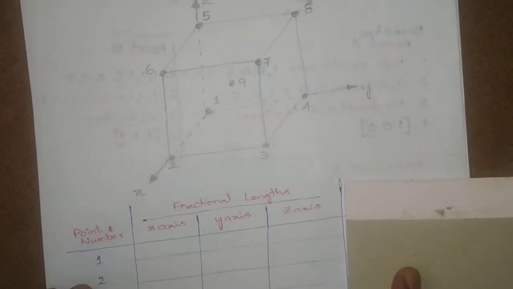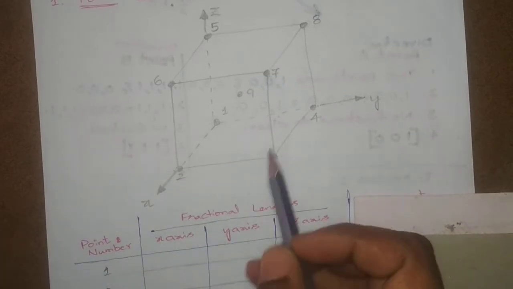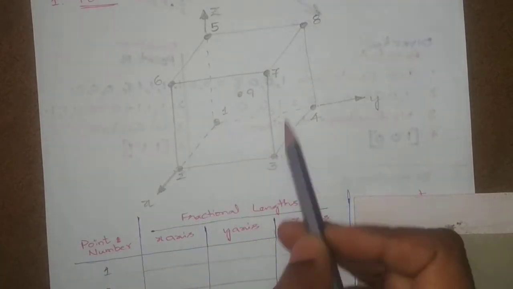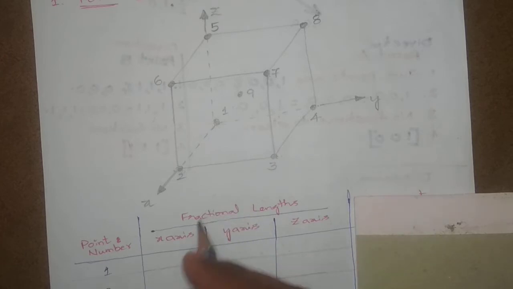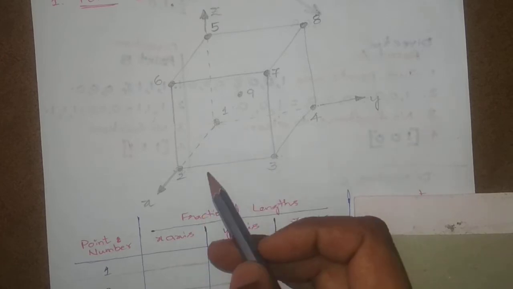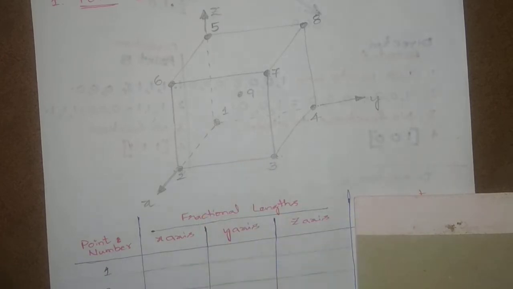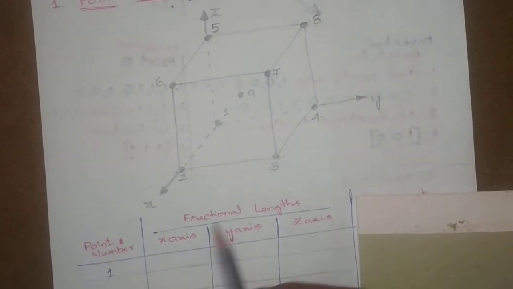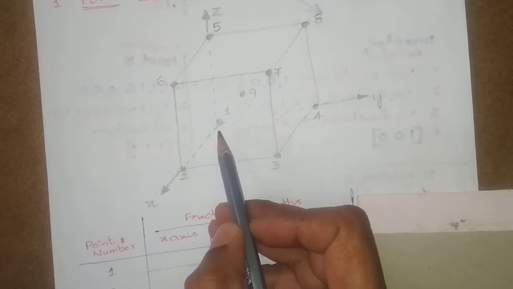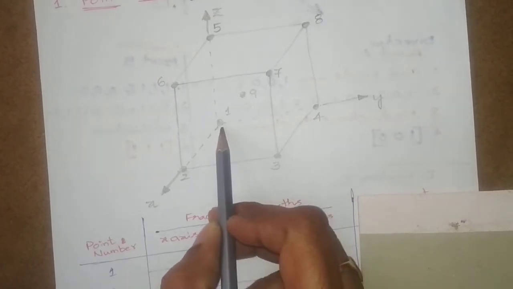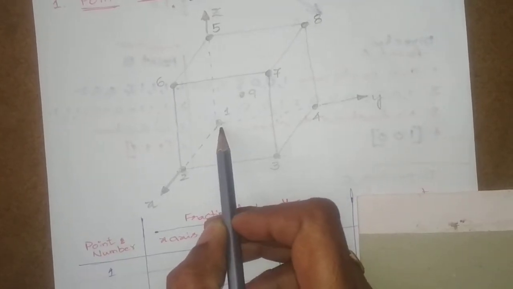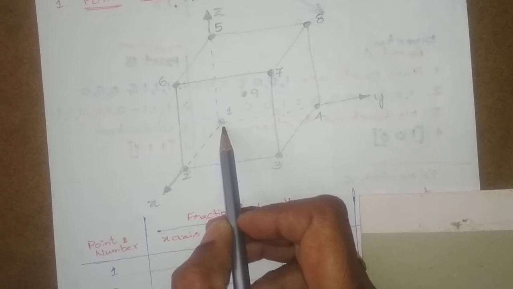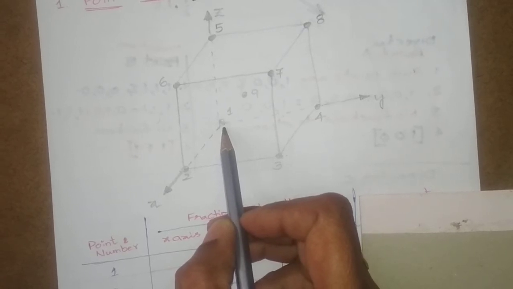So here let us do a small exercise. I have indicated 9 points in the cube, and let us identify the coordinates of each point. Okay, so point number 1. From the diagram you can see point 1 is lying at the origin.